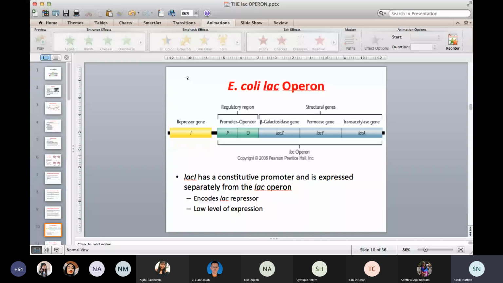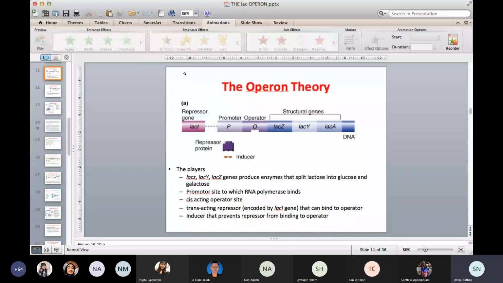So the mechanism of how the Lac operon works is, as I said just now, the repressor molecule, which is this purple molecule, is constantly being produced by the LacI gene.